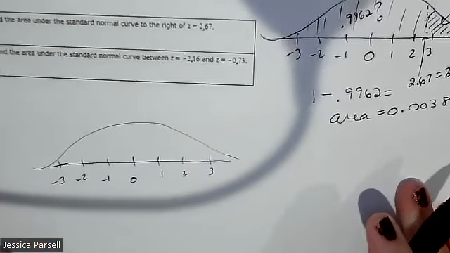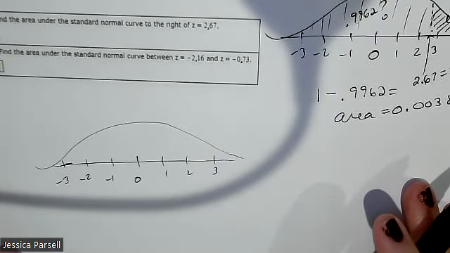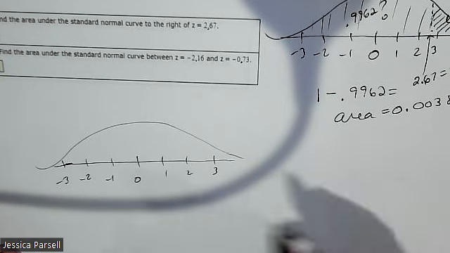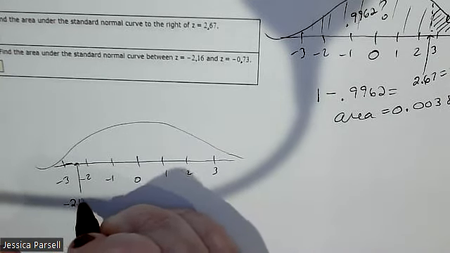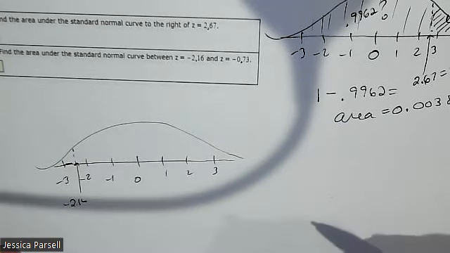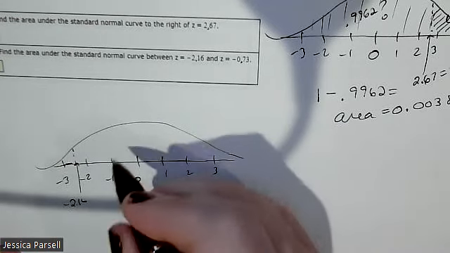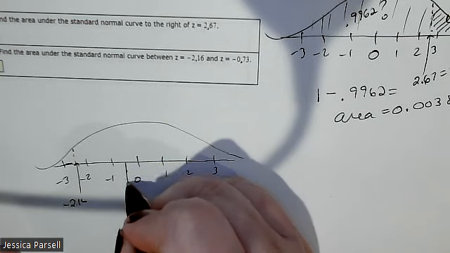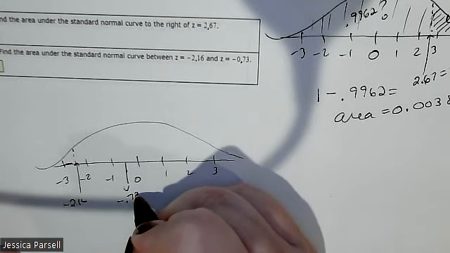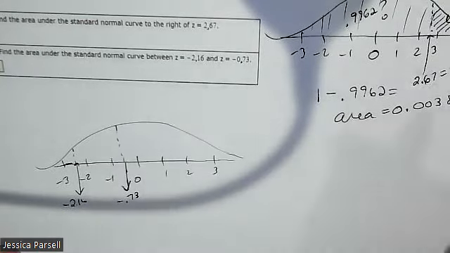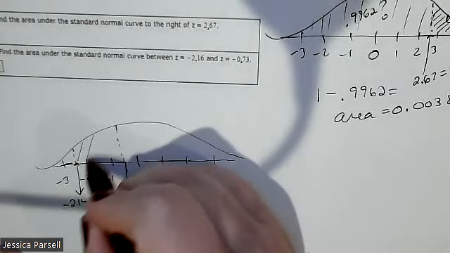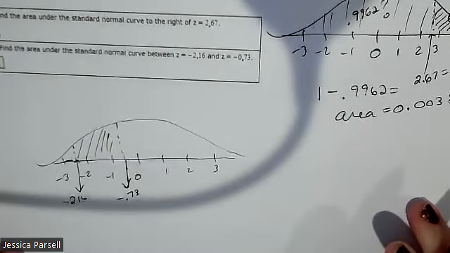This time they're asking us to find the chunk or the area in between negative 2.16. So that's right here. And negative 0.73. Okay, so they're wanting to know the area in between.